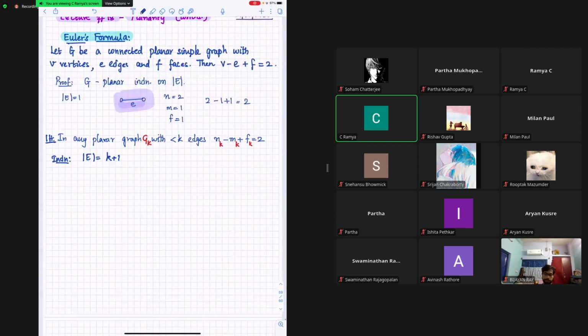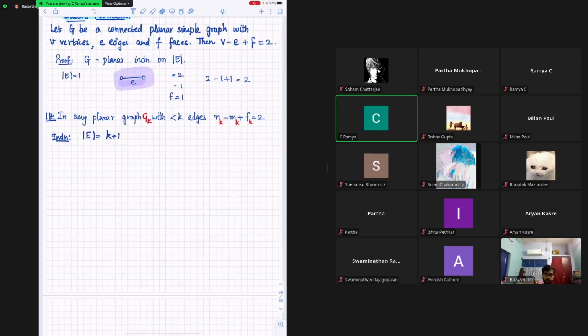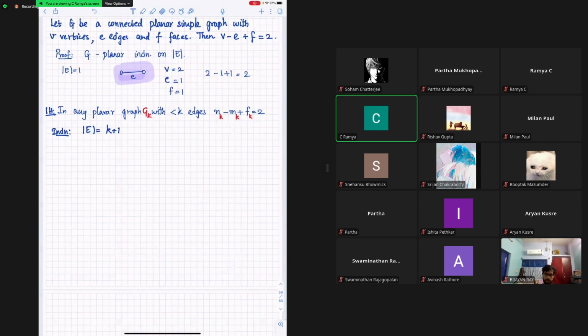Let me just change everything. So there are Vk vertices minus Ek edges plus Fk faces. That's equal to 2. So this is what the inductive hypothesis tells you.